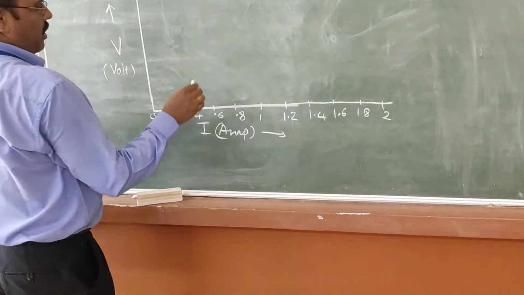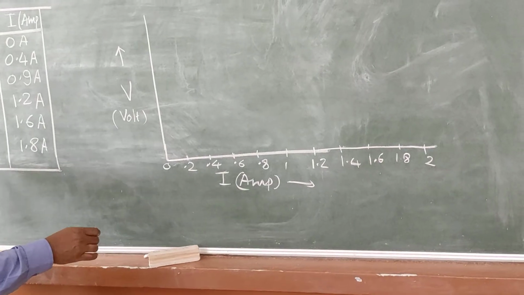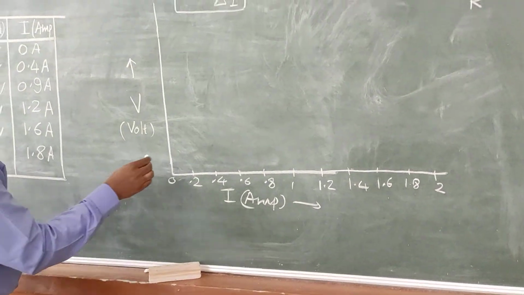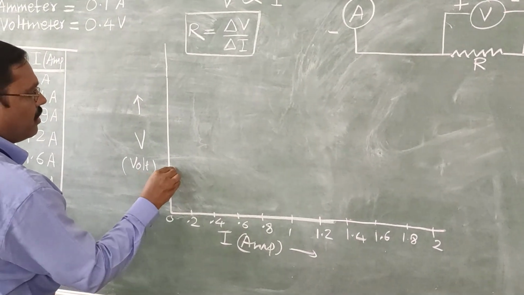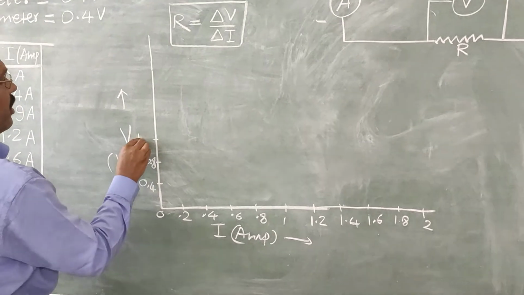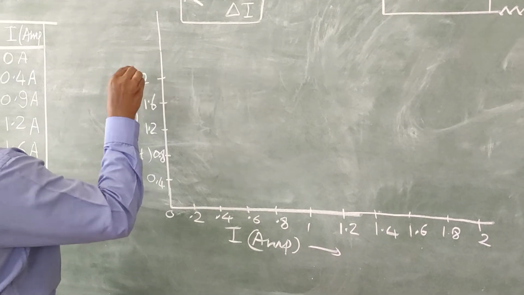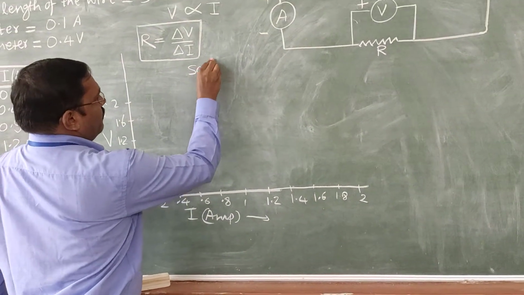So on the x-axis we have taken this, and the y-axis has approximately similar variations. Here we can take 0.4, 0.8, 1.2, 1.6, 2 volt. Different scales can be taken, and that you have to write here.